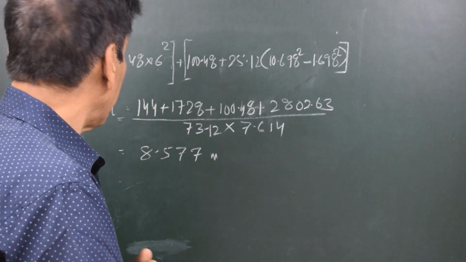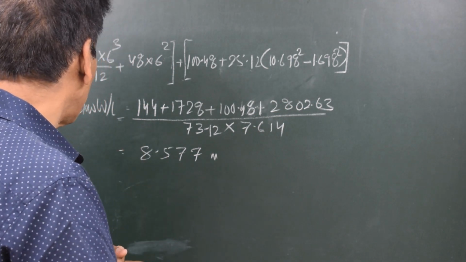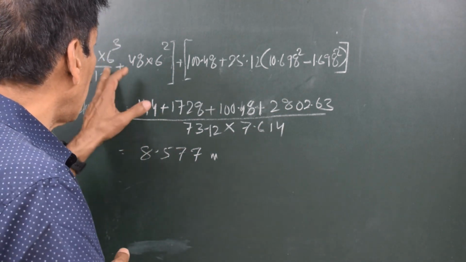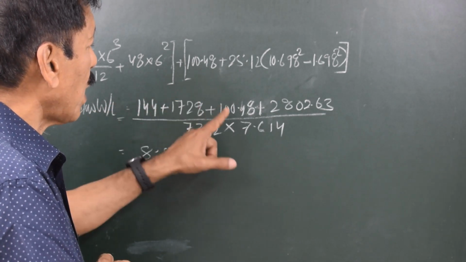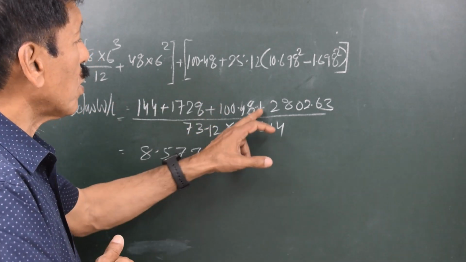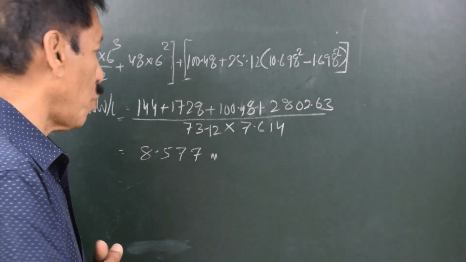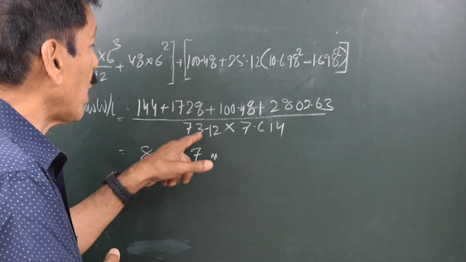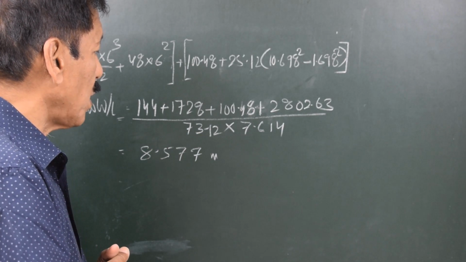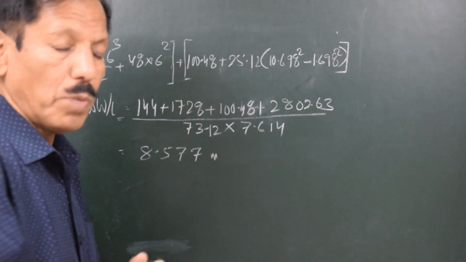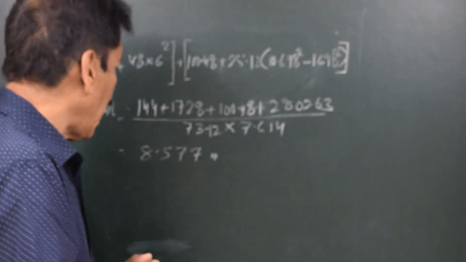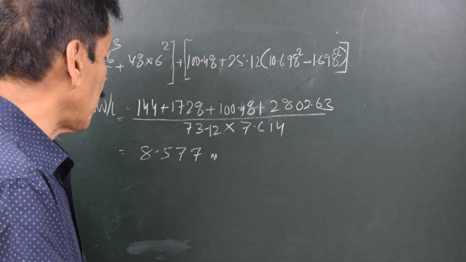So the final form, COP below water level, is 144 plus 1728 plus 100.48 plus 2802.63, and this divided by the area, that is 73.12, into 7.614, the position of the geometric centroid below the water level, and this gives me 8.577.